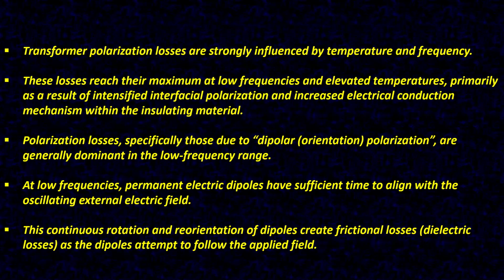Transformer polarization losses are strongly influenced by temperature and frequency. These losses reach their maximum at low frequencies and elevated temperatures, primarily as a result of intensified interfacial polarization and increased electrical conduction mechanism within the insulating material.